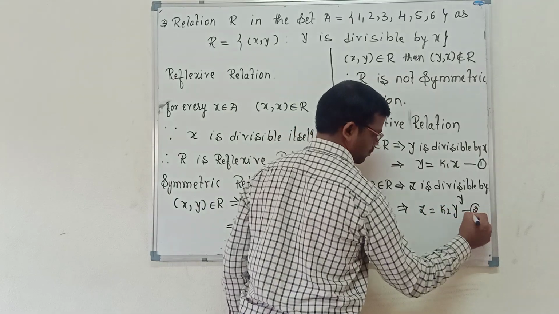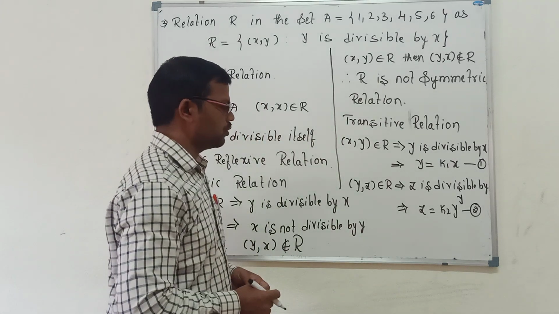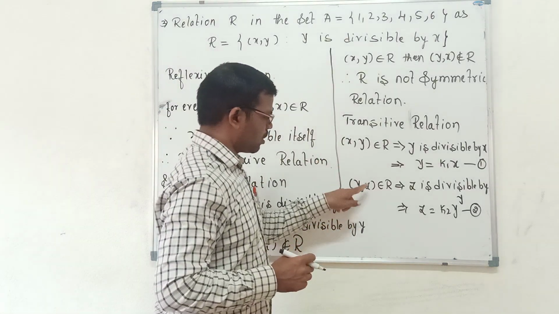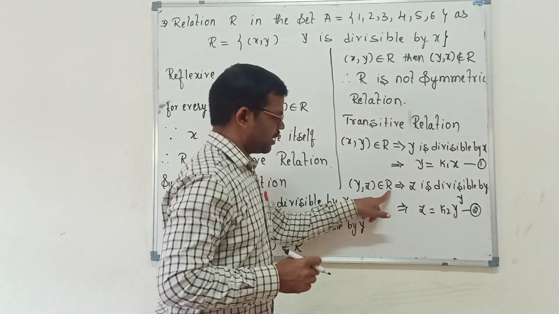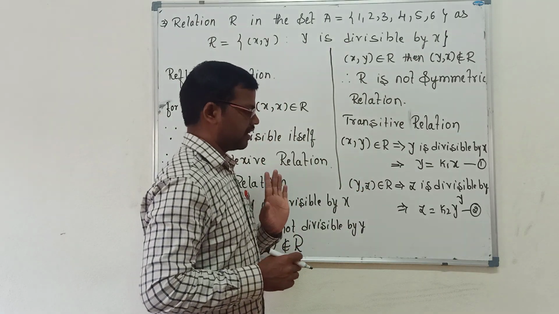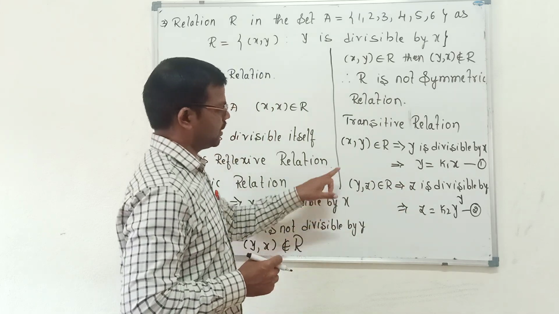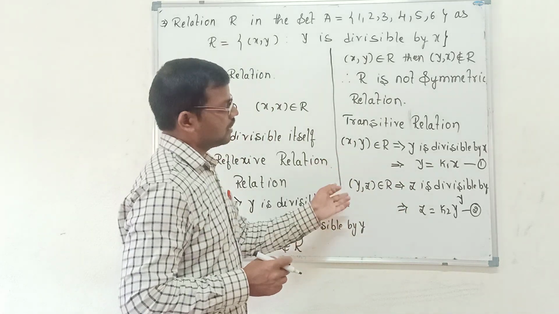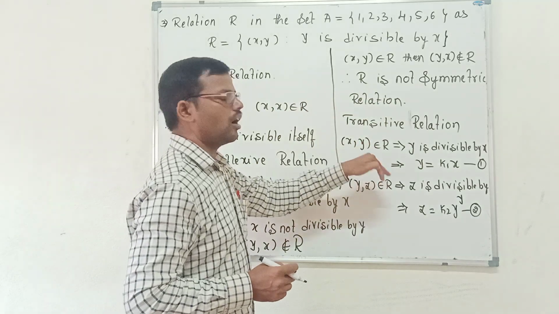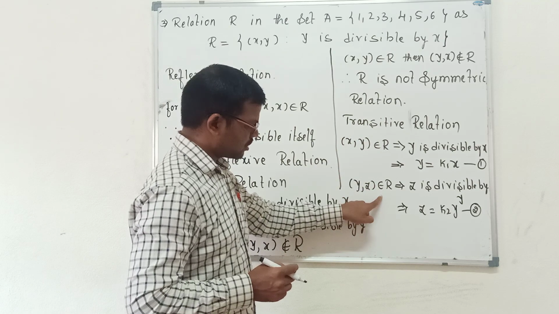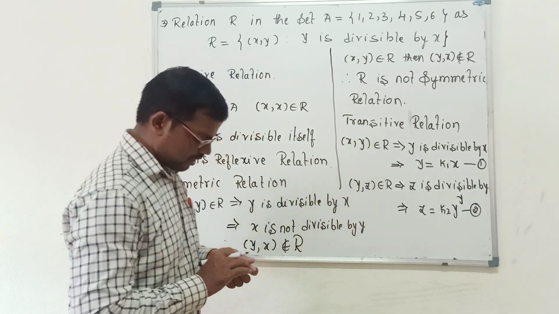Name it as equation 2. Here we have to arrive at a pair (x, z) in R. Using these two pairs we have to identify whether (x, z) is also there in R or not. If it is there, it is transitive. If it is not there, then it is not transitive.